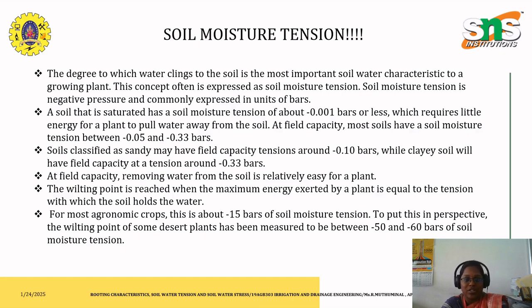So as you can see, at saturation the soil moisture tension is very low, which requires little energy for a plant to pull the water. But when the soil moisture tension is higher, the energy required by the plant to pull the water is much more.